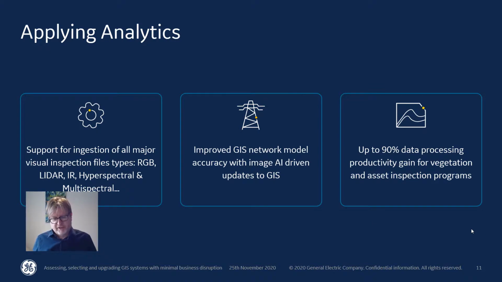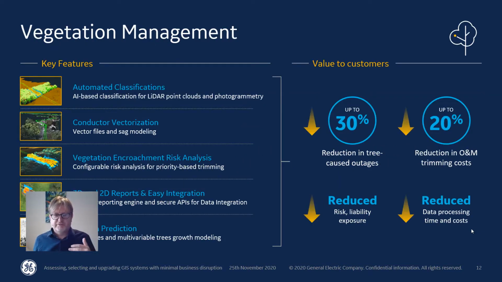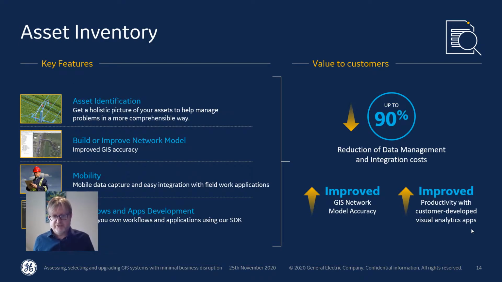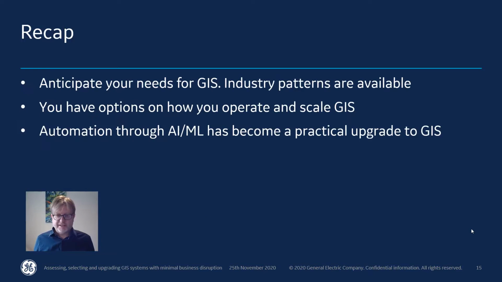Either their location was wrong or poles in the distribution network were absent from the GIS. So this is another example. Vegetation management and asset inventory are two areas where we're applying analytics, which become a natural partner for GIS.